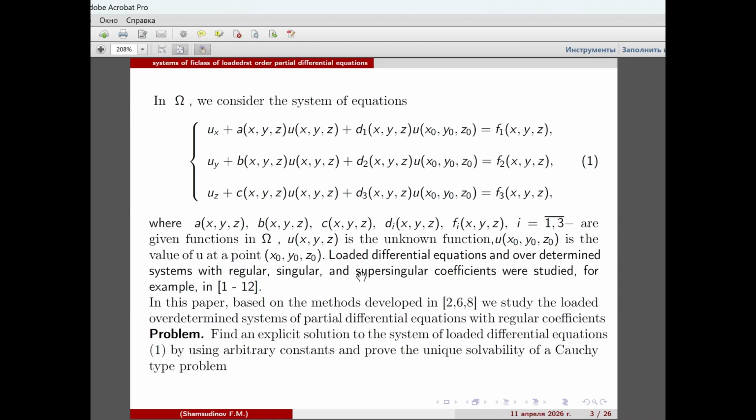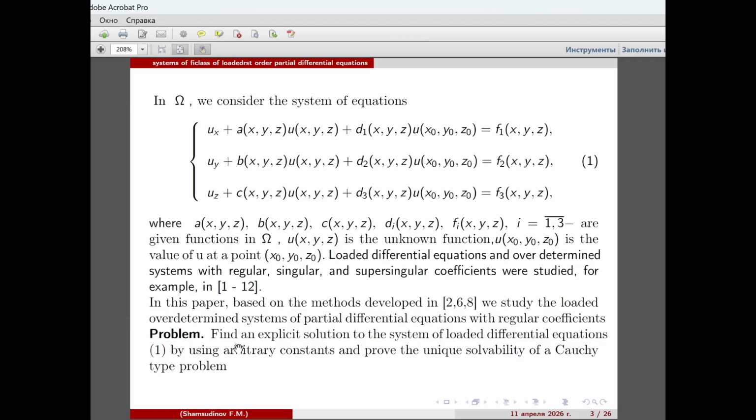Loaded differential equations and overdetermined systems with regular, singular, and supersingular coefficients were studied, for example, in [1], [2]. In this paper, based on the method developed in [2], [6], [8], we study the loaded overdetermined system of partial differential equations with regular coefficients.